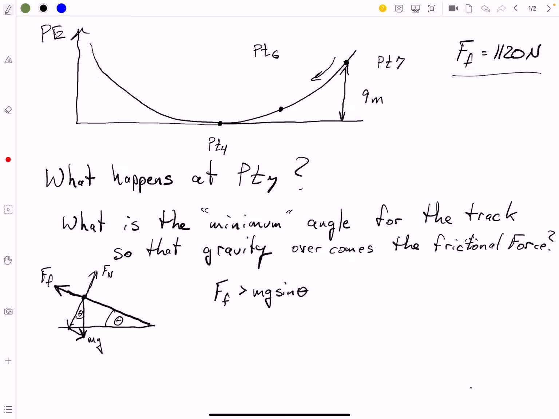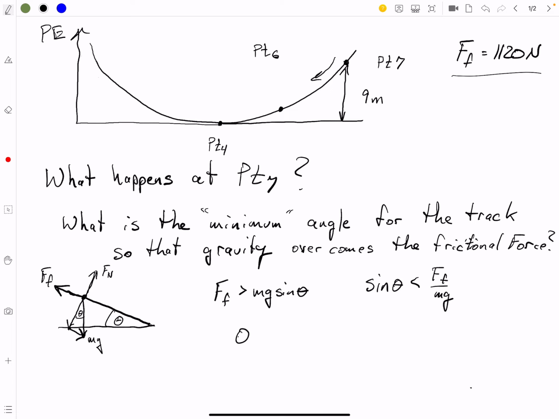I'm going to put mg sine theta. I always like to have the thing I'm solving for on the left. And I'm tired, so let's do it. Sine of theta has to be less than our force of friction over mg.